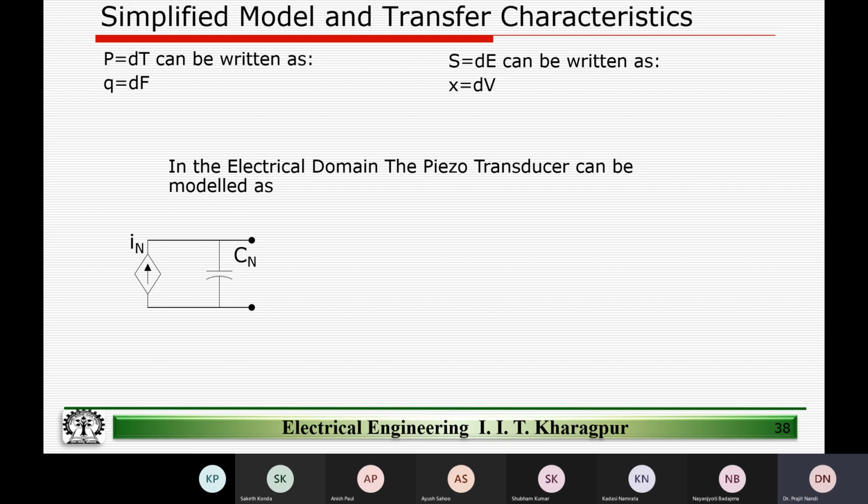So similarly, the charge will also be a function of time, right? So instead of writing this as charge, I can represent the crystal as a current source, and I have a capacitor in parallel to this. Why? Because when the current flows into the capacitor, if we integrate it, it will give us the charge, right?